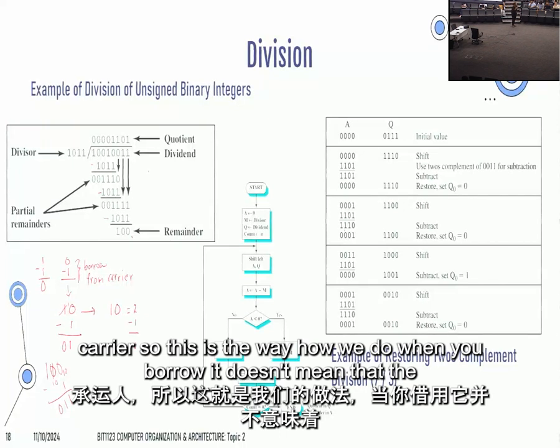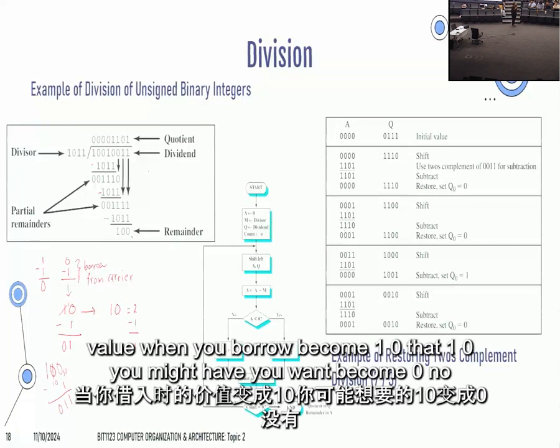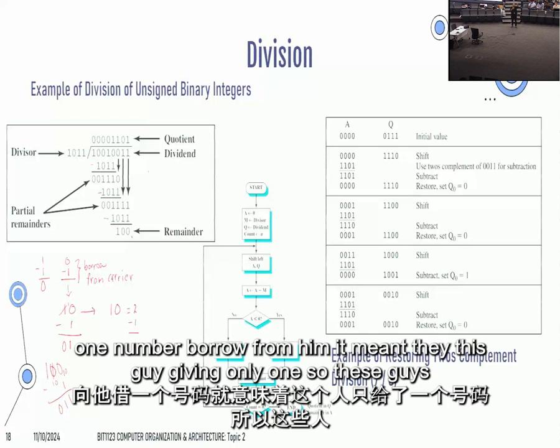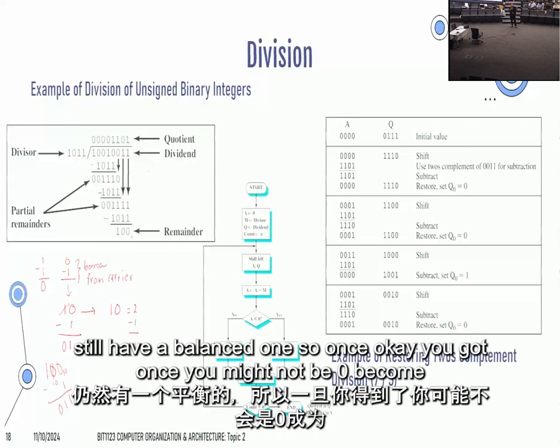When you borrow, it doesn't mean that the value becomes 1, 0, and then you minus 1 and it becomes 0. No. The value will become 1, because when you borrow, the value is 2. So if one number borrows from him, this guy is giving only 1. So this guy still has a balance of 1. So once you got 1, you minus 0, it becomes 1.